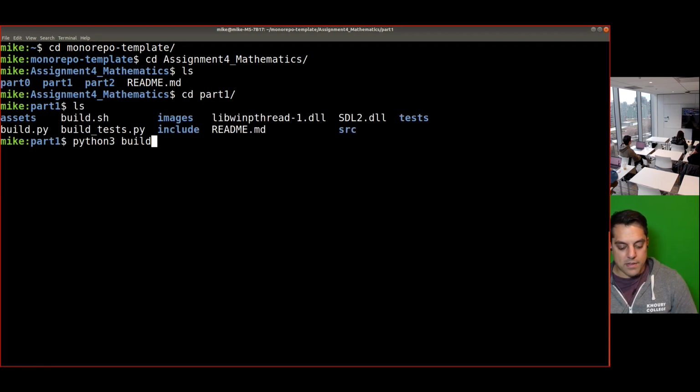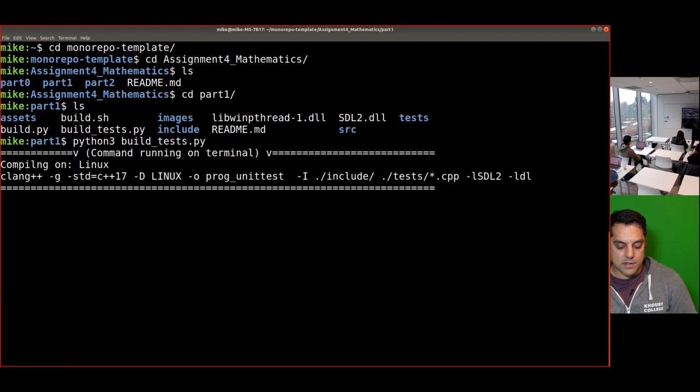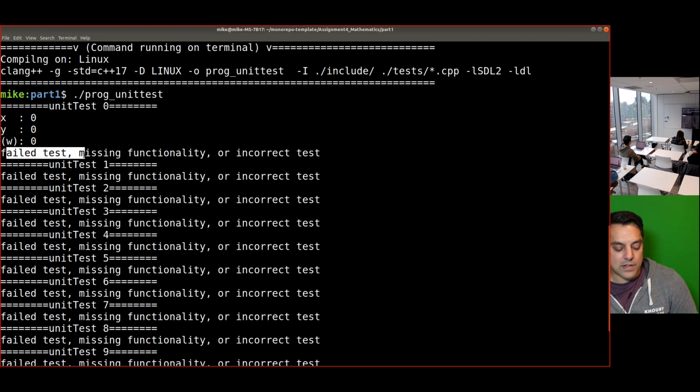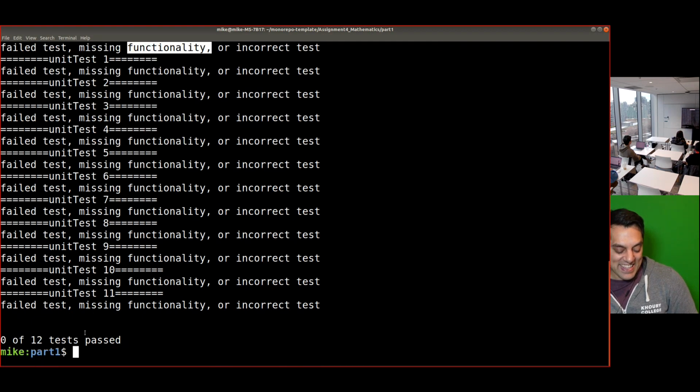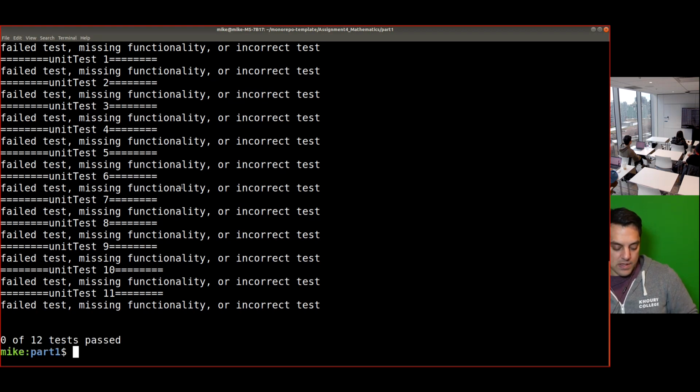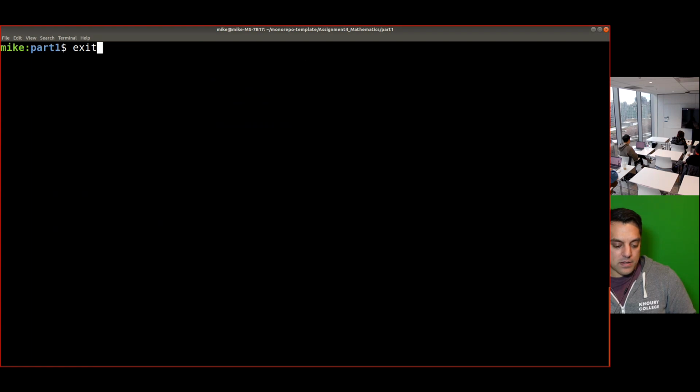All right, you can actually do python3 build_tests. You'll get a new program here, ./program unit tests. You'll run it, and if it's passed all of your tests, well, in this case, I failed because I haven't done anything. You'll have some confidence that your program is working, basically. That's the idea. Okay, so that's how you'll actually run your assignment.